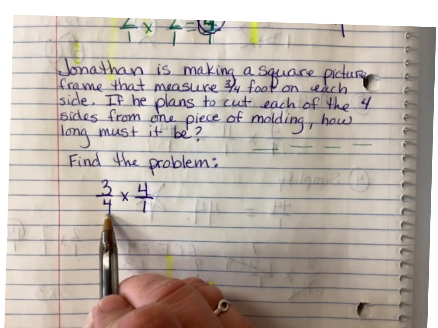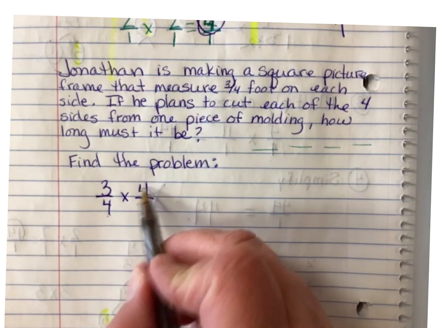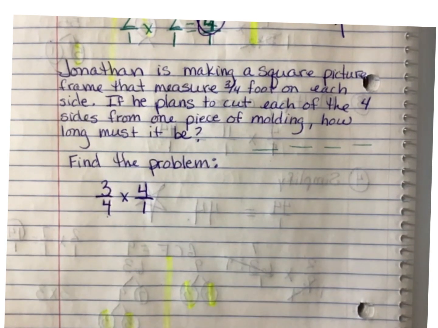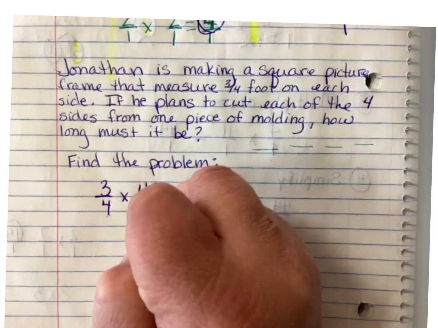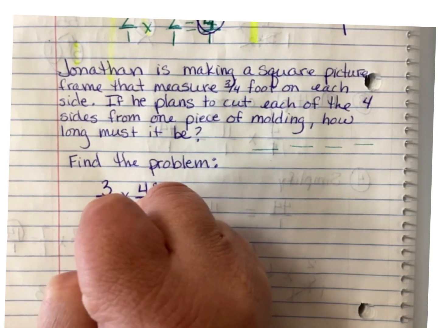So I'm going to go over here to this 4 and 4. And being that it's the same number, I'm going to guess the GCF of this is going to be 4. They're going to have 4 in common. So for that, I could just choose to divide by 4 and divide by 4.